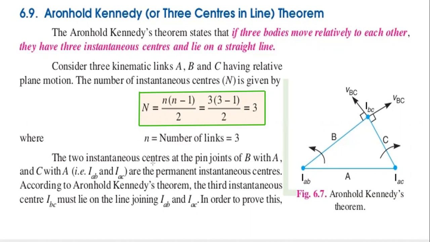The two instantaneous centers are at the pin joints of B with A and C with A. These are the two links attached to the A link, and here we got the two instantaneous centers as I of AB and I of AC.